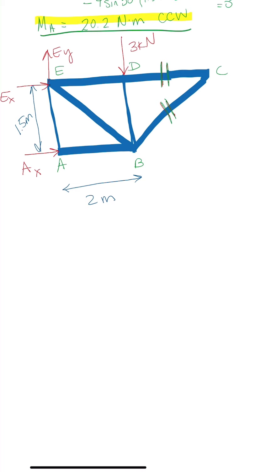For the next one, we're supposed to draw the free body diagram of joint A. So joint A, we have AX, AB, and AE. These are all horizontal or vertical, so we don't need to draw any angles on there. And that's basically it for the free body diagram. There weren't any other forces applied to it, so that's it for that one.